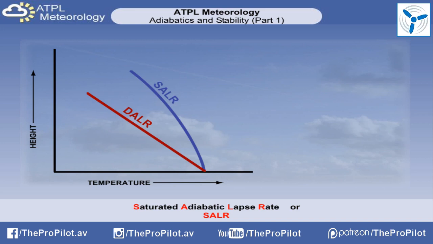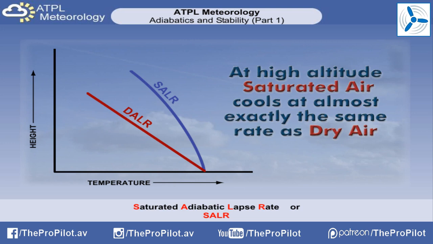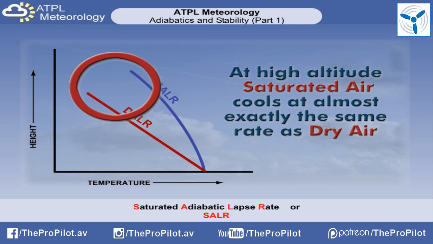The SALR is not constant through the troposphere. It reduces the higher up you go, and in fact, the saturated adiabatic lapse rate is almost exactly the same as the dry adiabatic lapse rate in the upper reaches of the troposphere. This is because the amount of water vapour that is required for saturation reduces at lower temperatures. It therefore follows that the amount of latent heat that is released also reduces as a parcel of air rises.